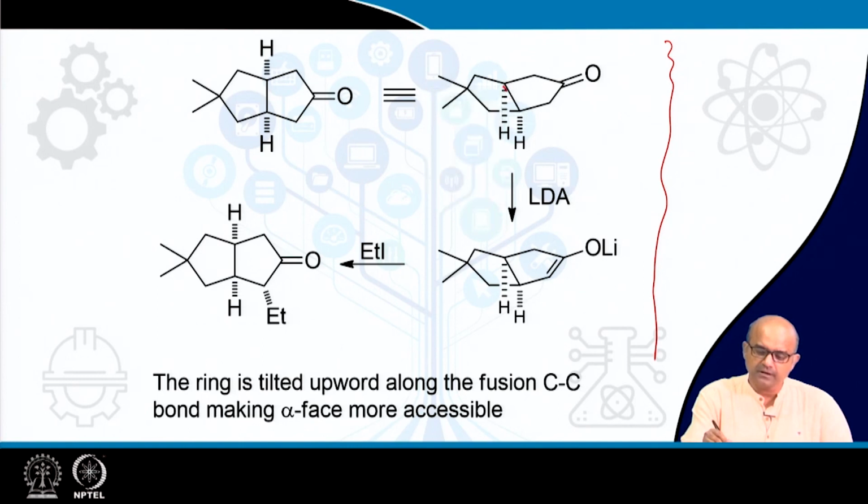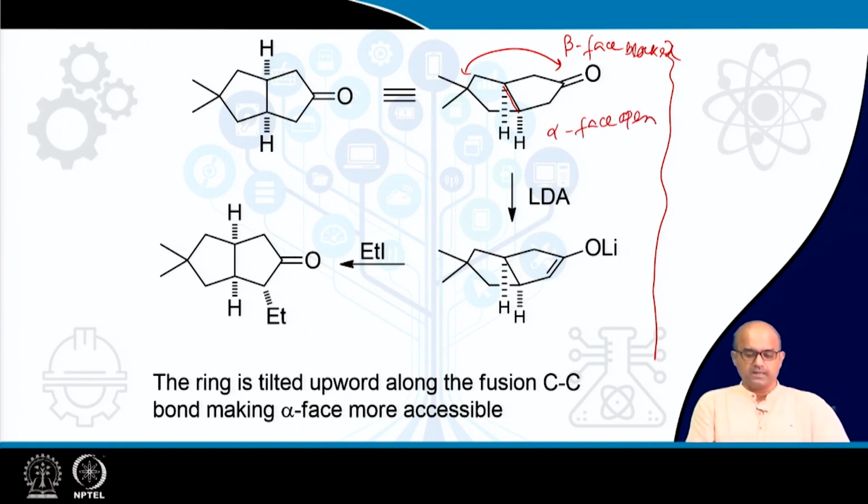The ring being tilted means the top face seems to be squeezed. So the top face, the beta face, is kind of blocked, whereas the alpha face is accessible, much more open.